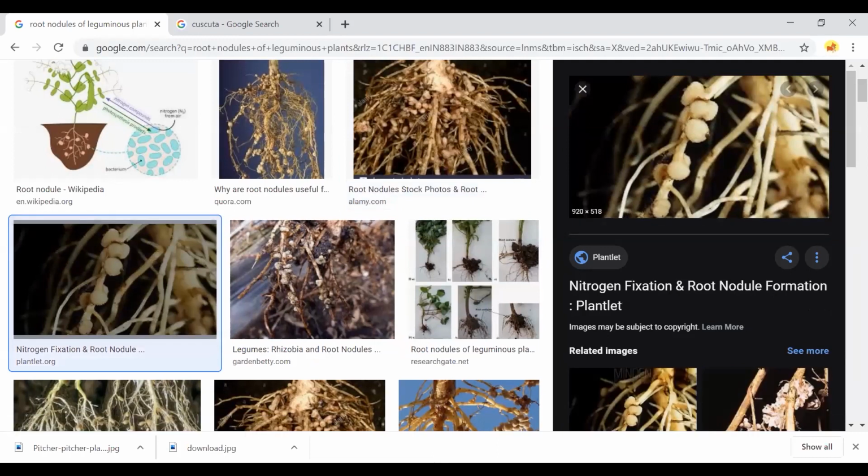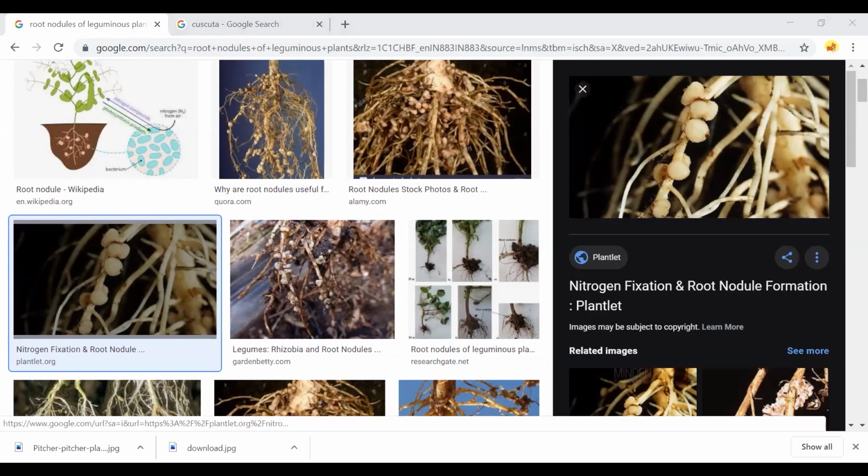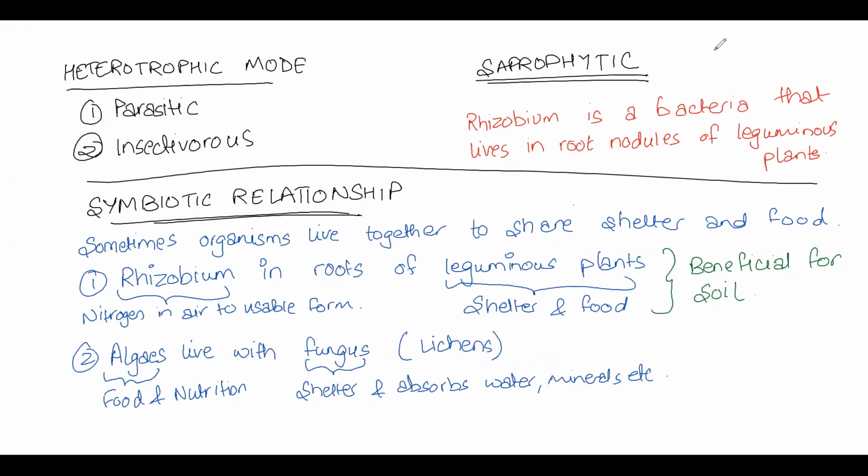This is the root, and over it there are certain ball-like structures. These are the root nodules where the rhizobium lives. I hope it's clear to you all now.